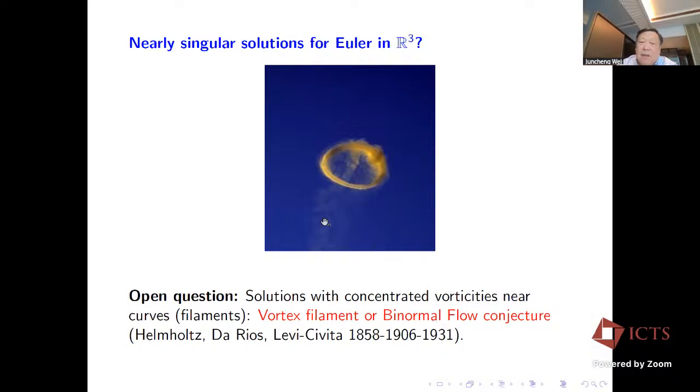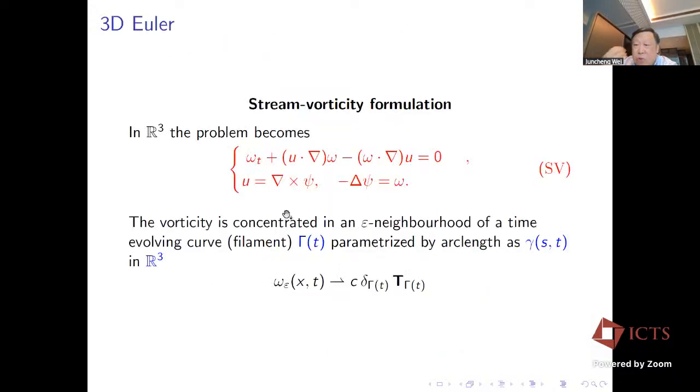In the 2D case, because the vorticity and the stream function are scalar, we consider a Dirac, a concentration at the points. In the 3D case, we consider concentration on a curve.